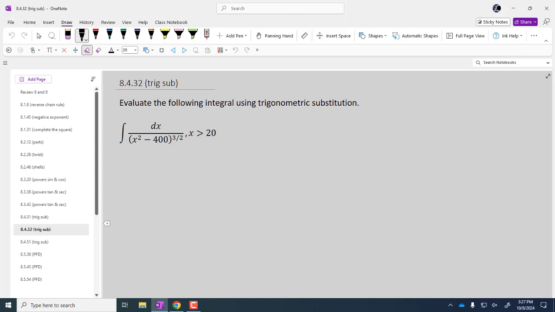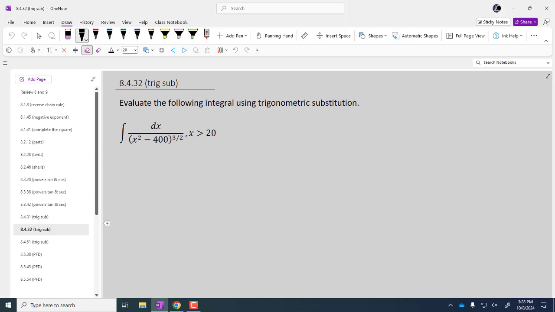That would be interesting. Okay, how about this one? The clue that you should think about trigonometric substitution is if you have a sum or a difference of squares. Difference of squares here, so we're going to use trig sub: sine, secant, or tangent.